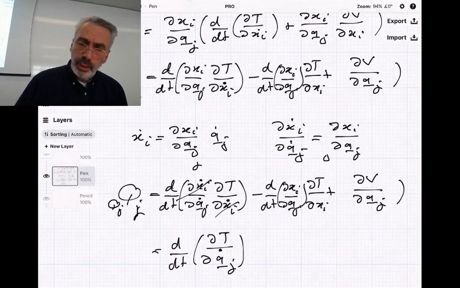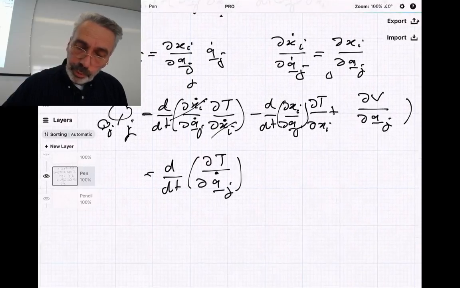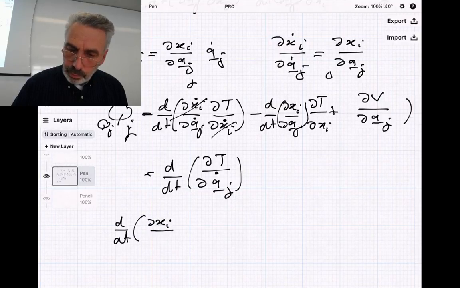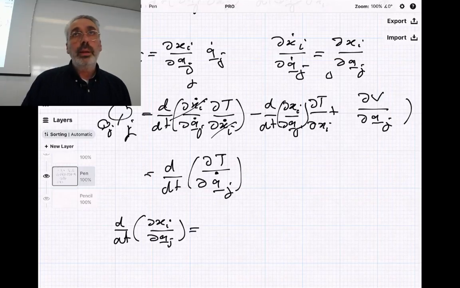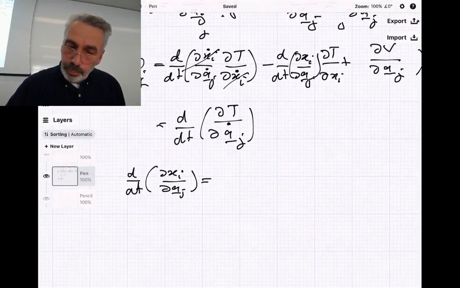Then again, we have to go back to our definition here. So the time derivative of the Jacobian is, well, the only thing we can do to find out is to look at where the Jacobian pops up, and the Jacobian pops up when we write the speeds, right?